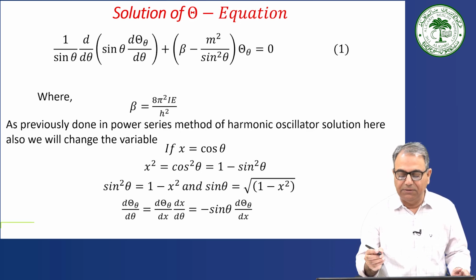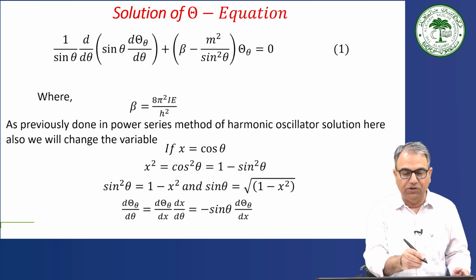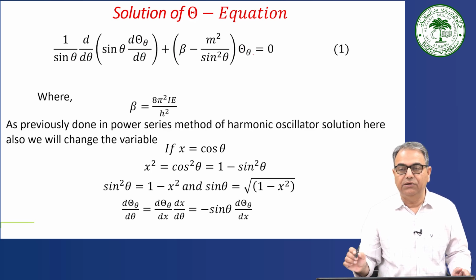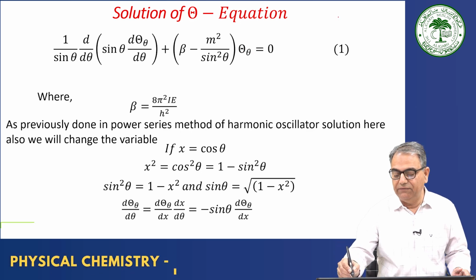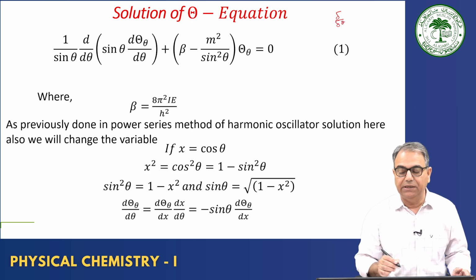But after the separation of variables, the theta equation which is obtained is 1 by sine theta d by d theta of sine theta d theta(theta) by d theta, plus beta minus m square by sine square theta, times theta(theta), is equal to 0. One thing you must mark: initially when I wrote the equation, I wrote del by del theta. Now I am writing d by d theta, because here you have only one variable, so it is not partial differentiation.